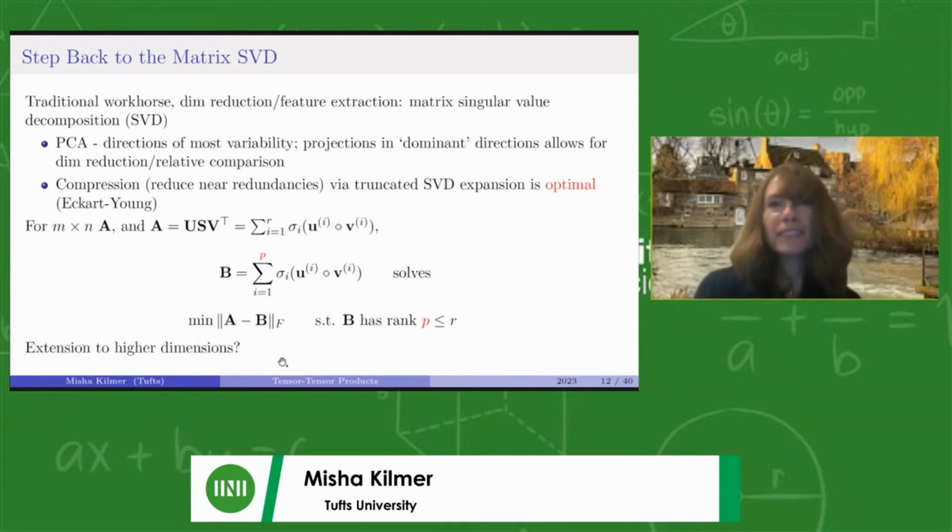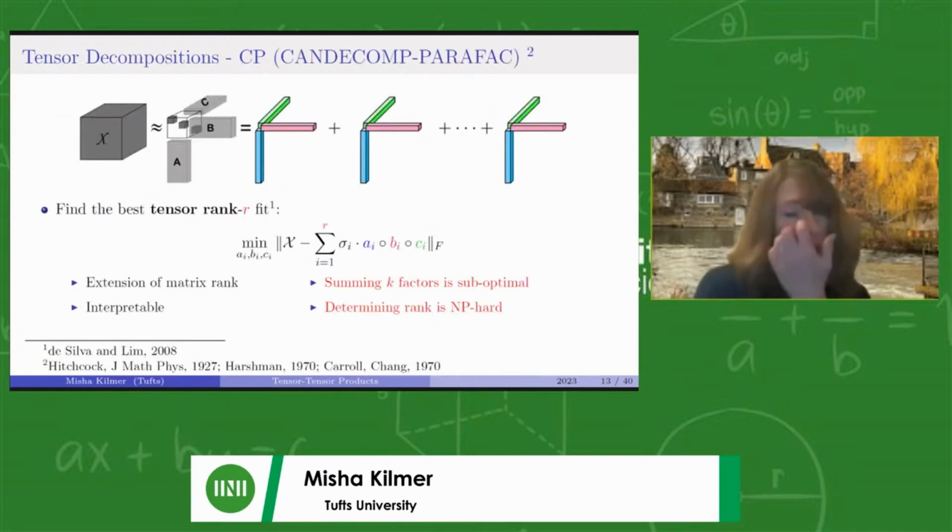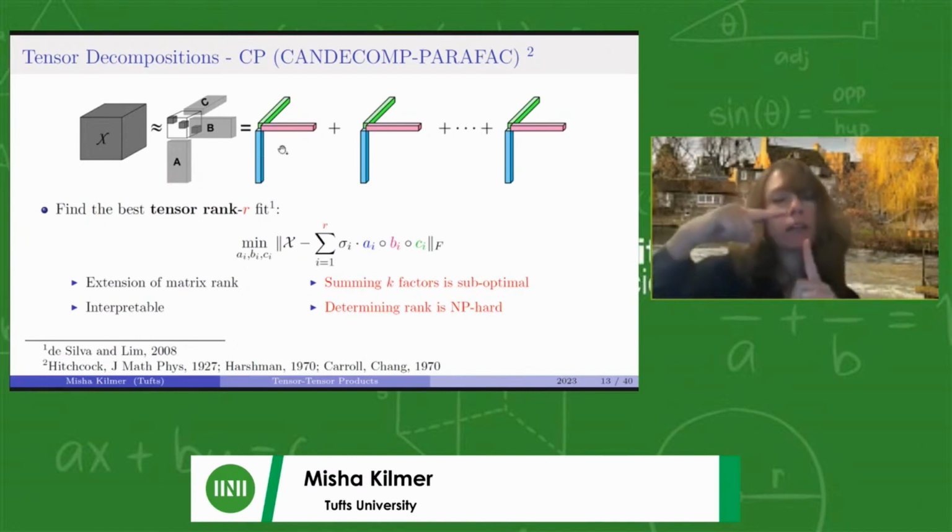So what is the extension of this to higher dimensions? Going back several decades, the first notion in the literature of how to generalize matrix SVD to higher dimensions is the CANDECOMP/PARAFAC decomposition. So the idea is generalizing this vector outer product to 3 dimensions now.